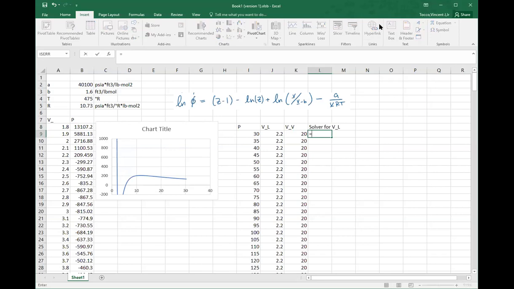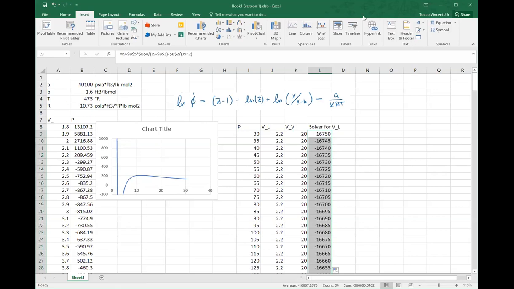So I want this column to equal 0, so it's going to be P minus, let's see, RT, so R times T divided by V of the liquid, because that's the one I want to solve for here, minus B. Minus A divided by V underbar for the liquid squared. Okay, yeah, this should not give me 0 at this point, but I want to copy this all the way down. Okay, now at this point, I'm going to use solver.